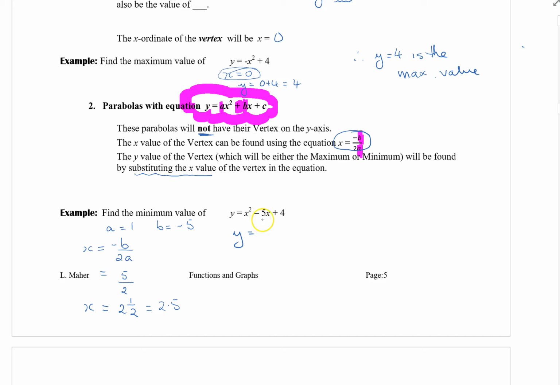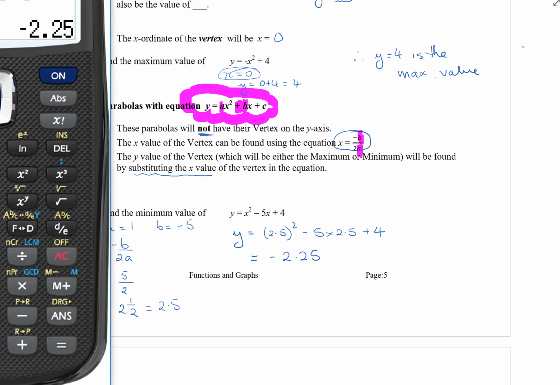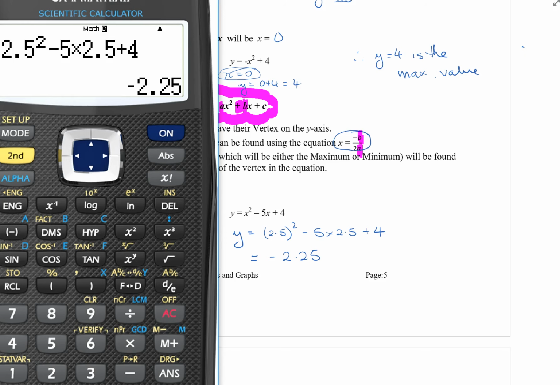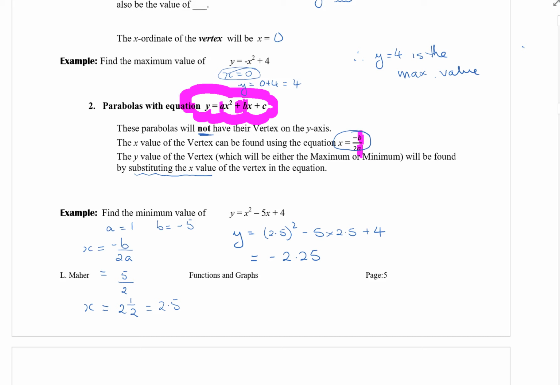Maximum or minimum is all about the y value. So y is 2.5 squared minus 5 times 2.5 plus 4. I've been to the calculator, and you can see that, yes, we get y equal to negative 2.25.